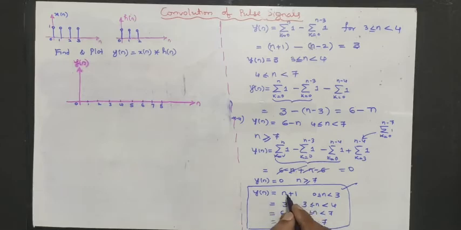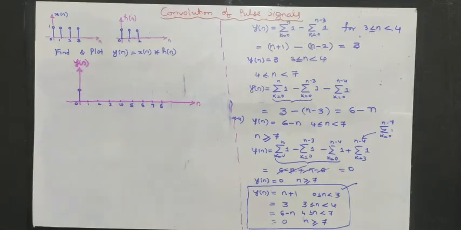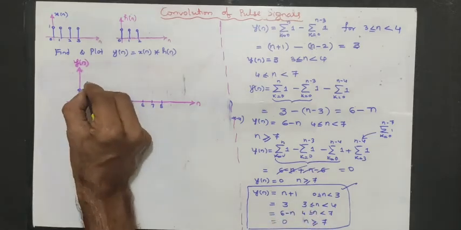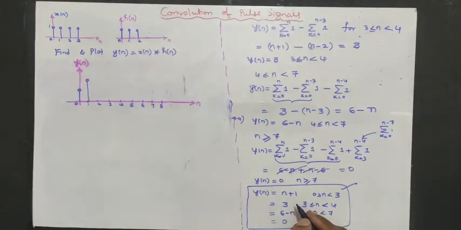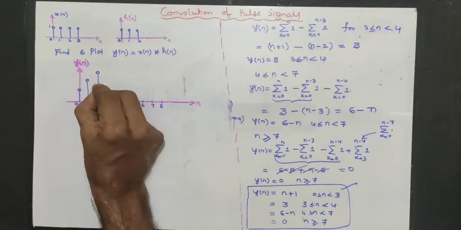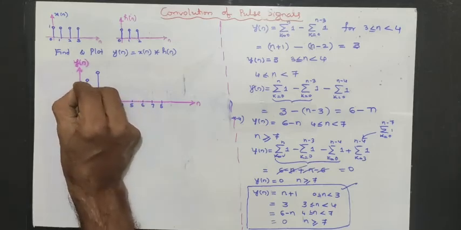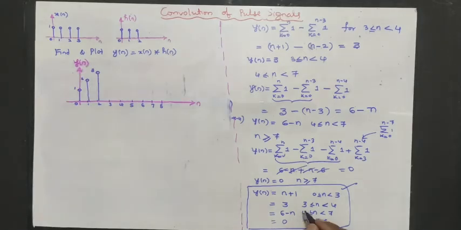At 0, 0 plus 1, that means the answer becomes 1. At 1, it becomes 1 plus 1, 2. At 2, the answer becomes 2 plus 1, that means 3. At 3, the answer becomes 3.